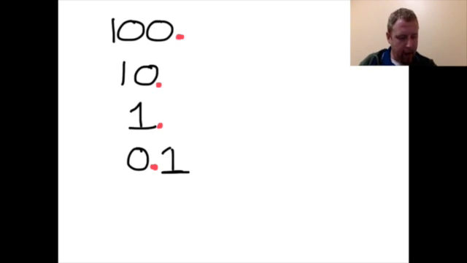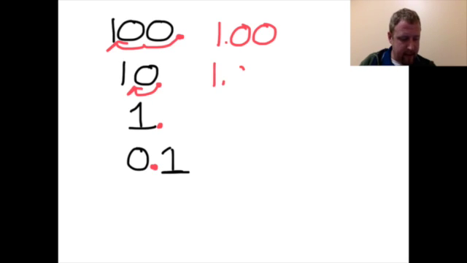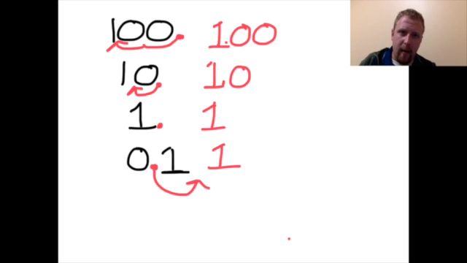If I move the decimal 2 places, that gives me 1.00. If I move it 1 place, that gives me 1.0. If I don't move it, it's just 1. And if I move it the other direction here, it gives me 1. Notice that all of these numbers are 1.